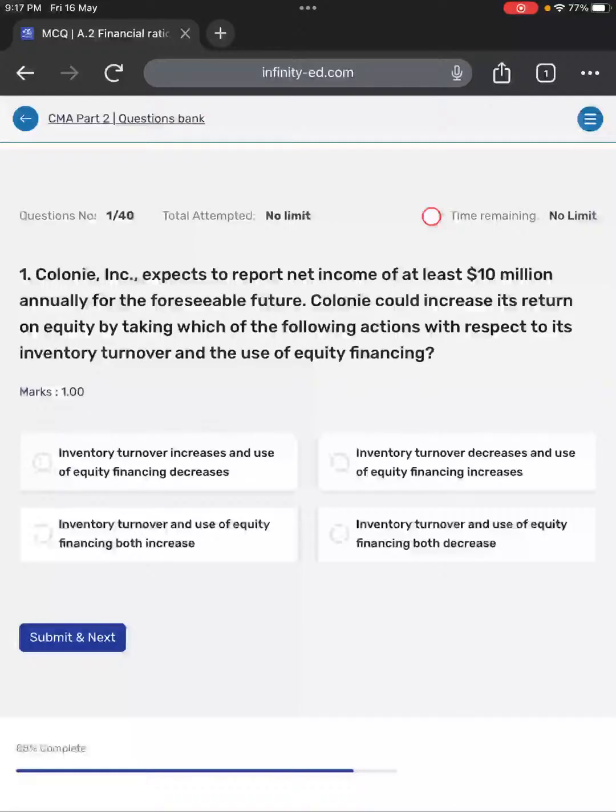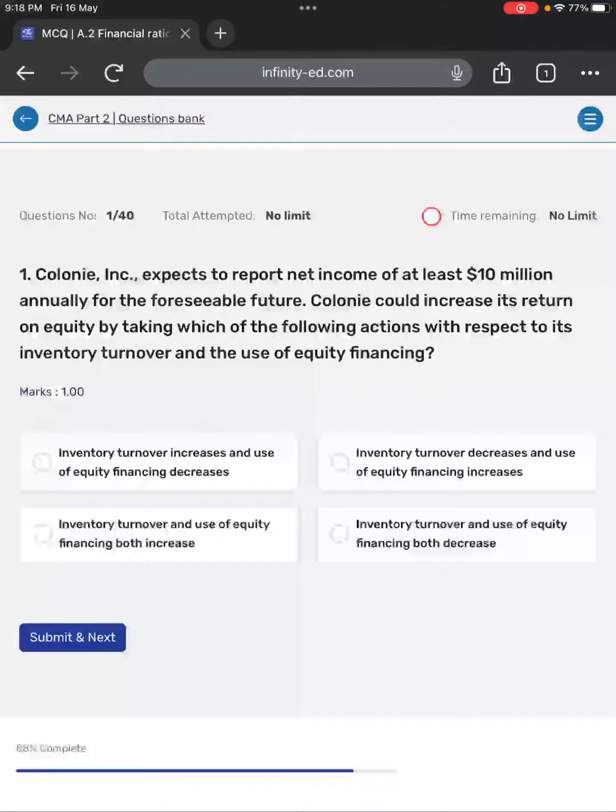First we have to remember all the formulas, and only then can we solve the questions easily. It is mandatory to memorize the formulas, but only memorizing them is not sufficient.